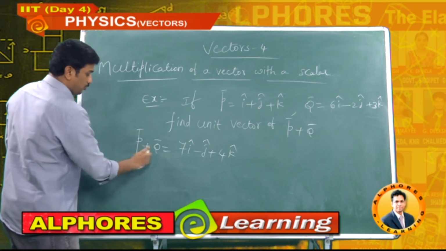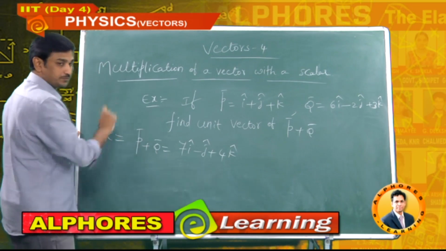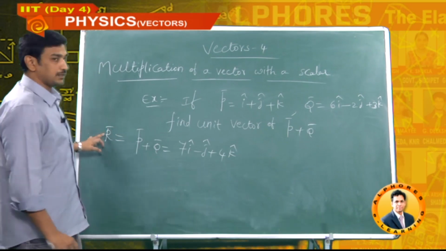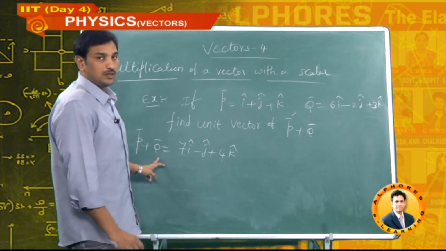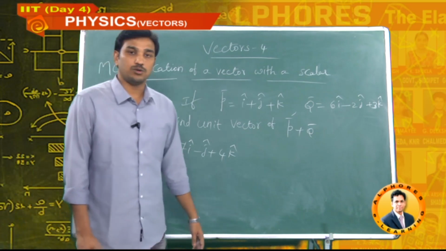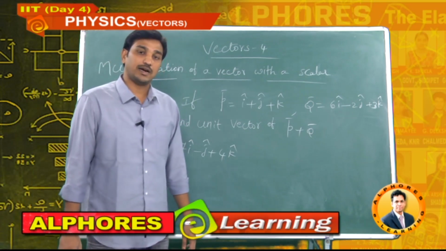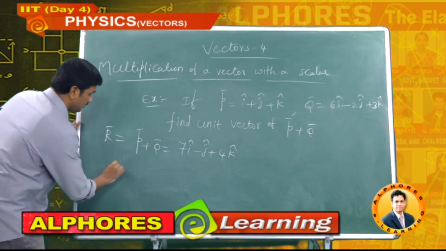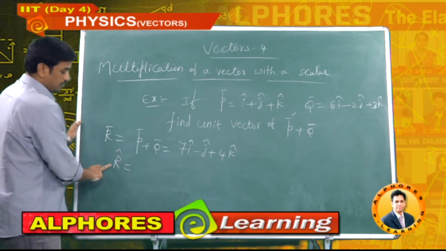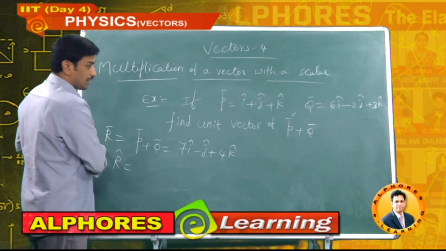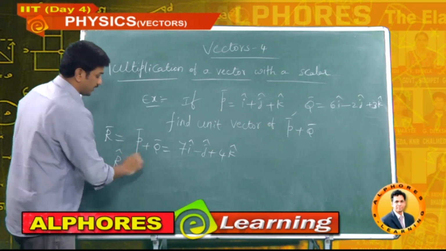Now, can I take p bar plus q bar as r bar? Now r bar is nothing but p bar plus q bar. Now we know how to calculate the unit vector of a vector. Now r cap is the unit vector of r bar.